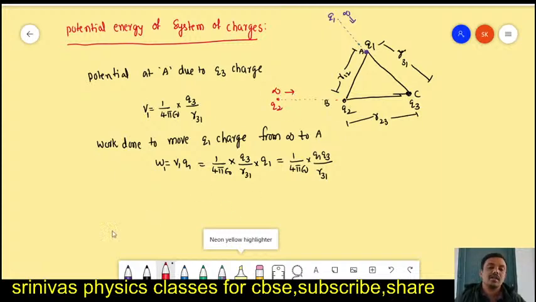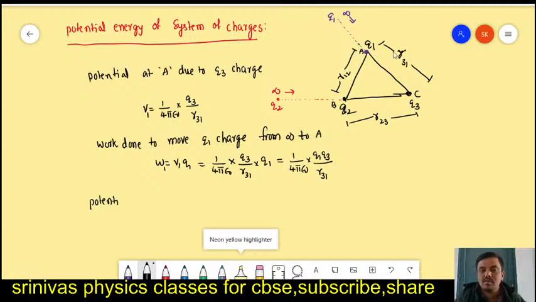Then we have to calculate the work done. For the purpose, we want to move up to point B, so we have to calculate the potential at point B.